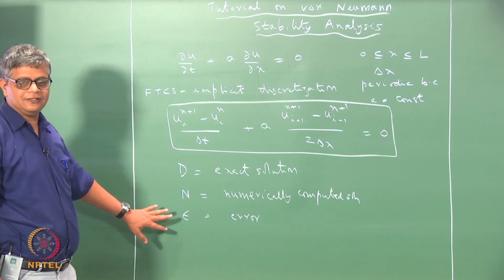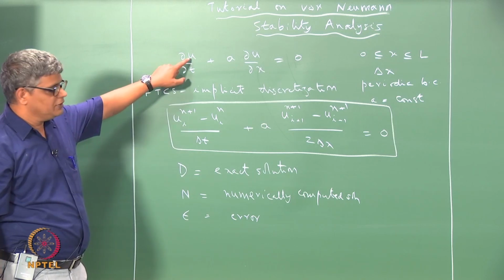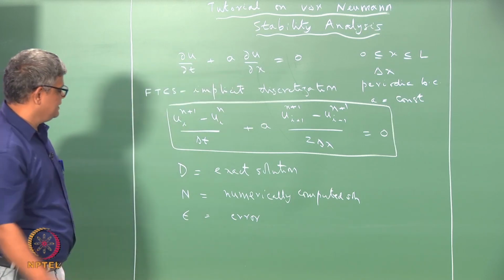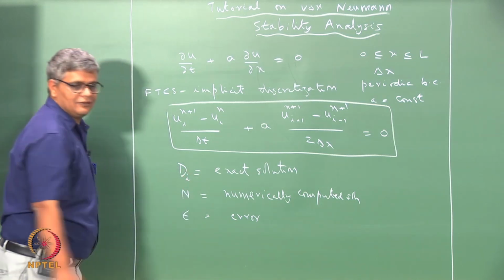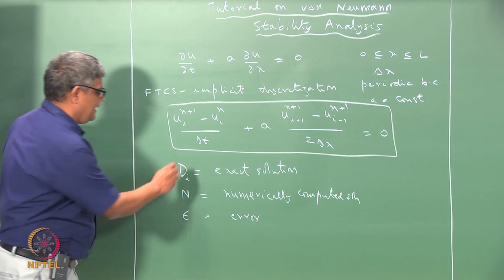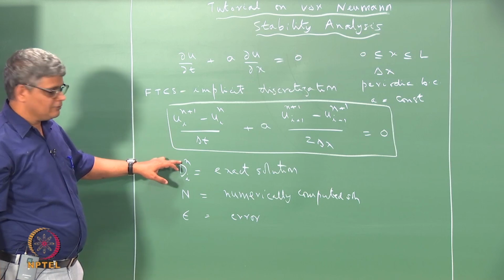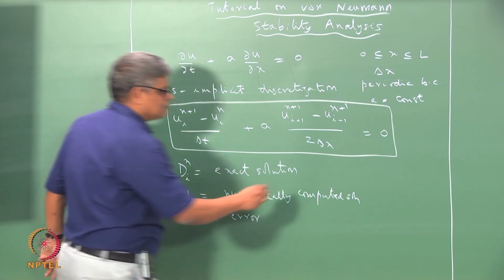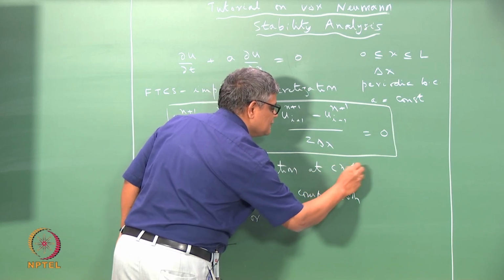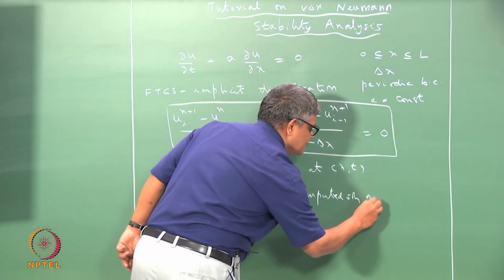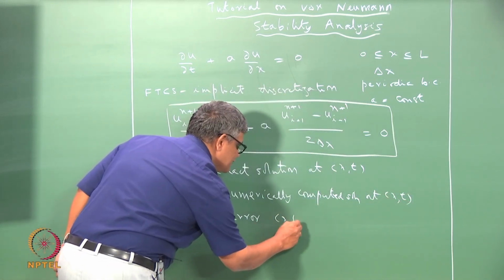Each of these is a function of both x and t, because this u here is a function of x and t. Therefore, we denote the space x by the space index i and the time by the time index superscript n here, and this will be the exact solution at x and t, and this is also at x and t, and this is at x and t.